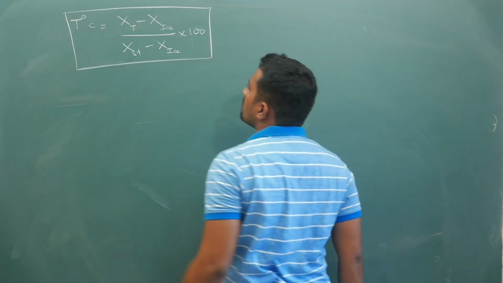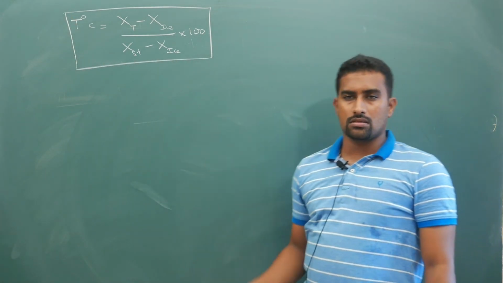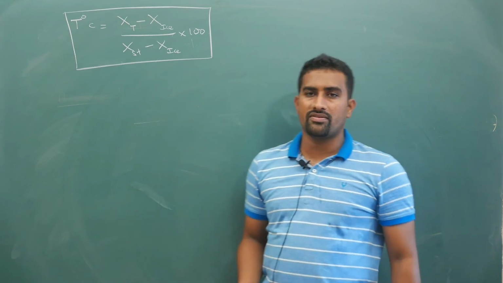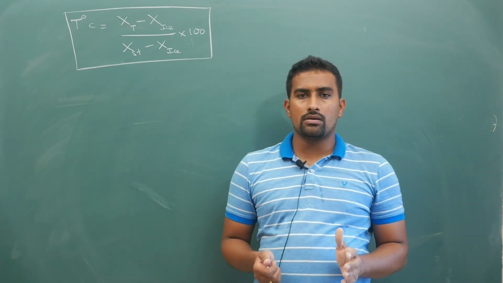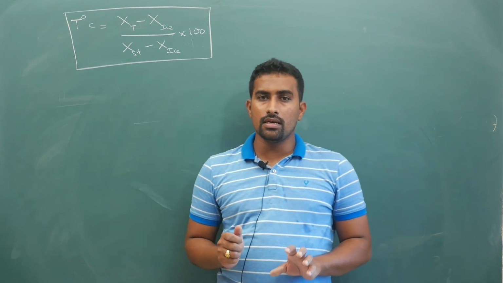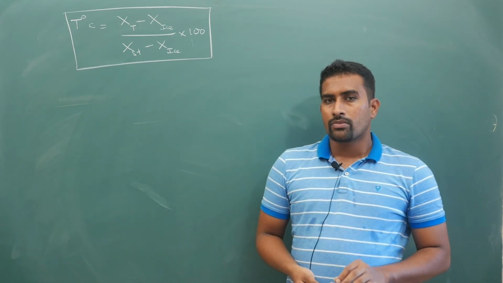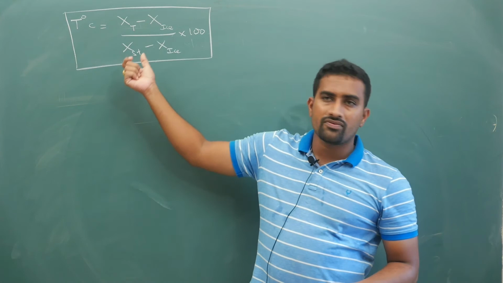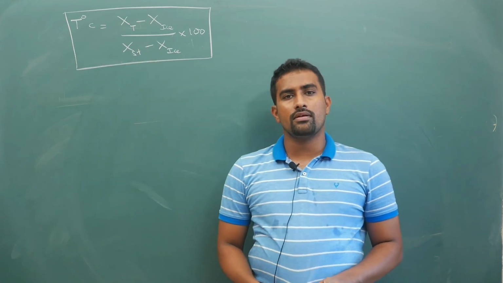Ice is at 0, steam is at 100. This anyhow you know, I don't need to explain further. Hope there are no doubts at all. So this is how you are going to measure temperature. Now if it is different types of thermometers, you change the value of X.